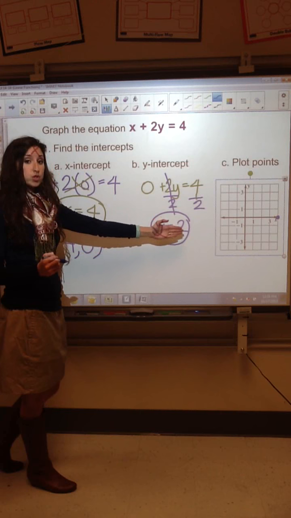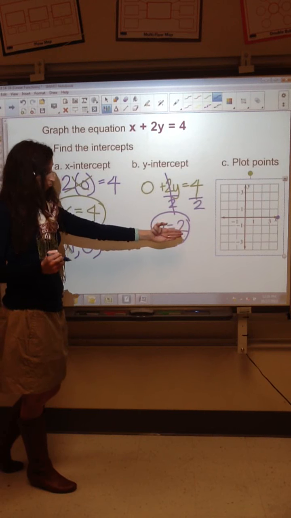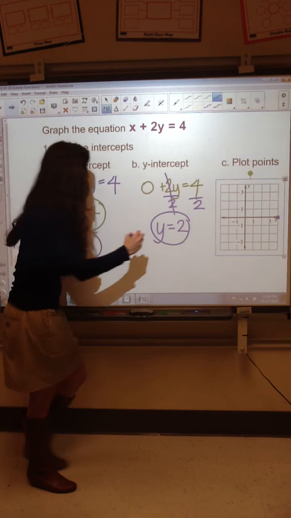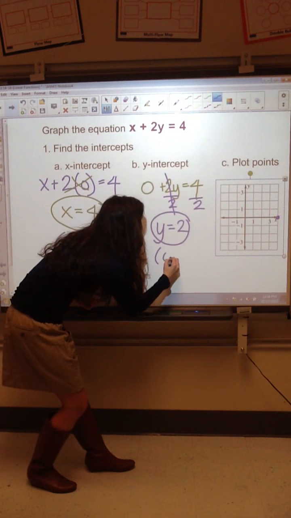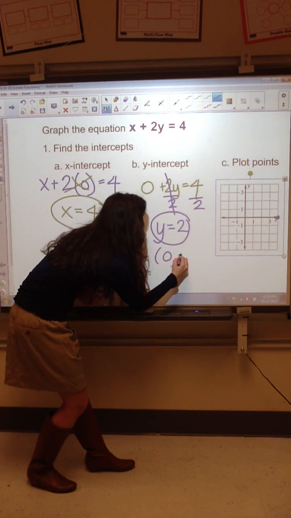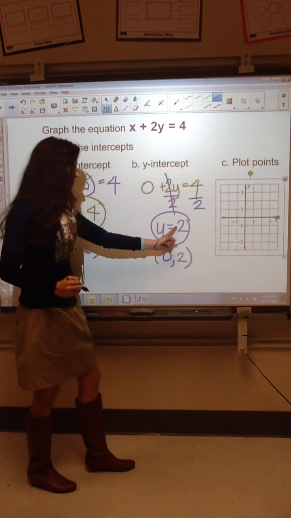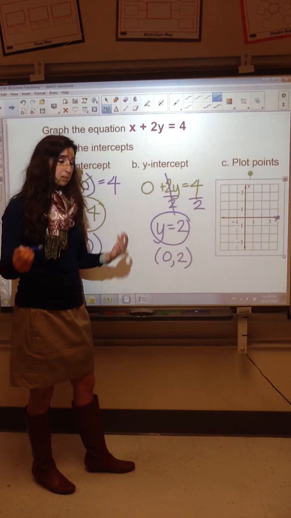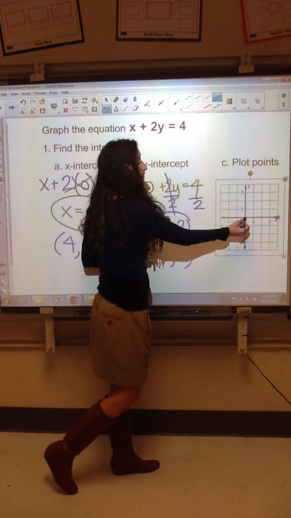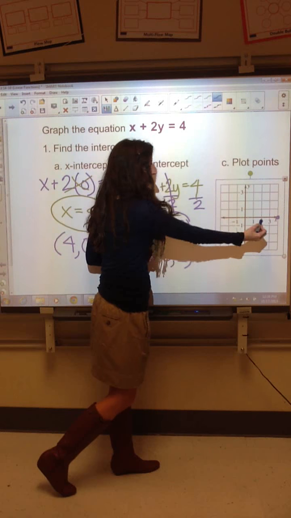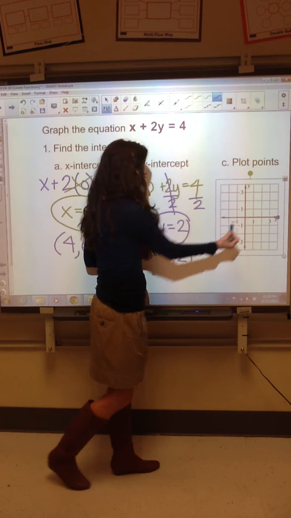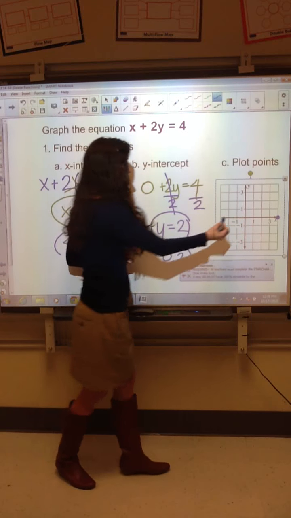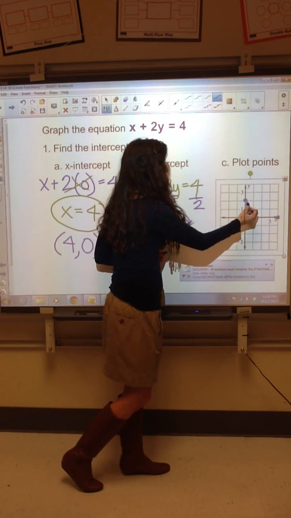Okay, then we're going to do the same thing for our y-intercept. When y equals 2, what is x? 0. So we're going to put our point 0, comma 2, because this is my y. Now I'm going to come over to my graph and I'm going to plot 0 for the x. I'm not moving anywhere on the x-axis. It is 0. And I'm going to go up, because it's positive, up 2.